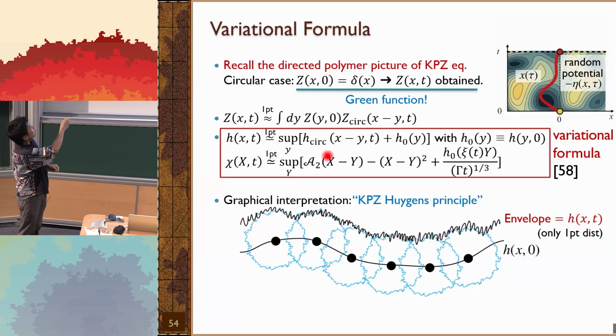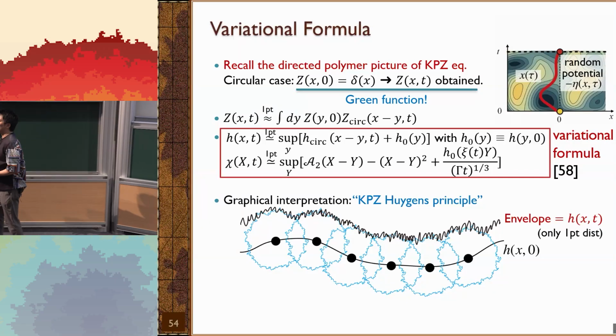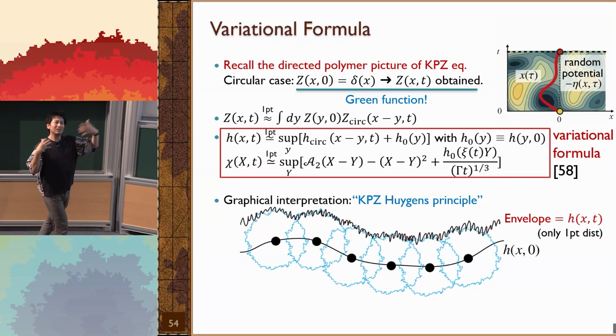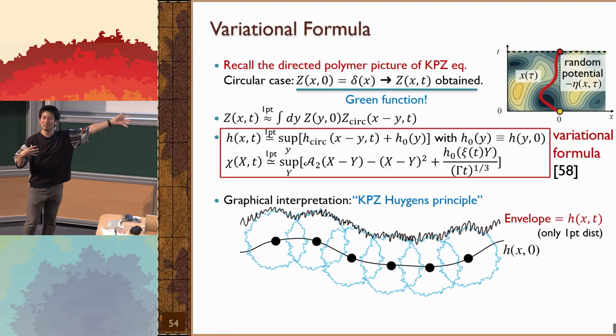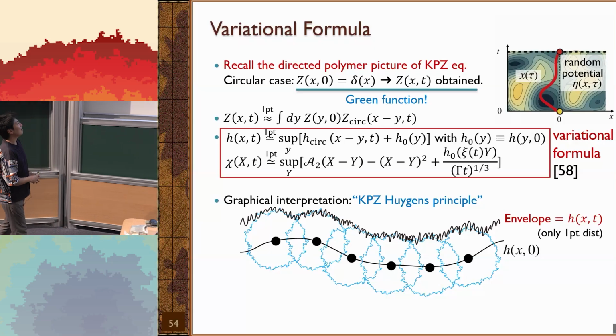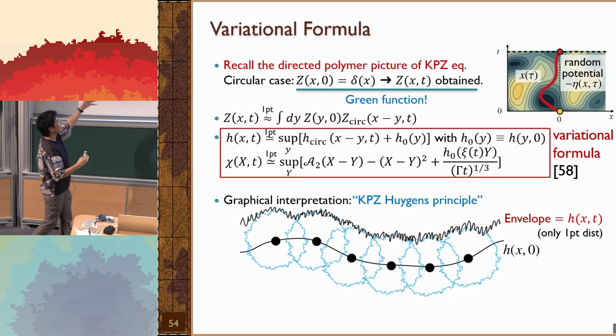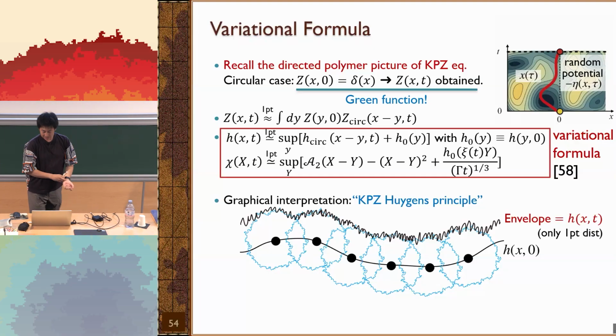So the variational formula here can tell us only the one-point quantity. But by using the directed landscape Ivan talked about this morning, we can actually get full statistical properties from general initial conditions. So there is a lot of progress from the mathematical side to deal with such general cases.